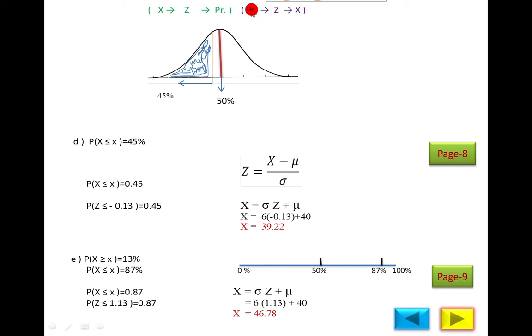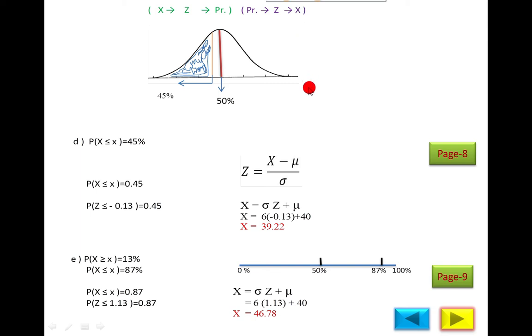In parts D and E, the probability is given. In the opposite direction, first we find the value of z from the probability using the same table, and then with the help of z we find x.